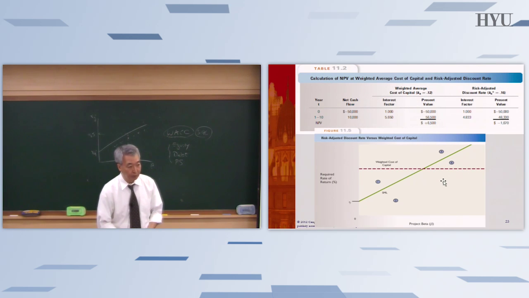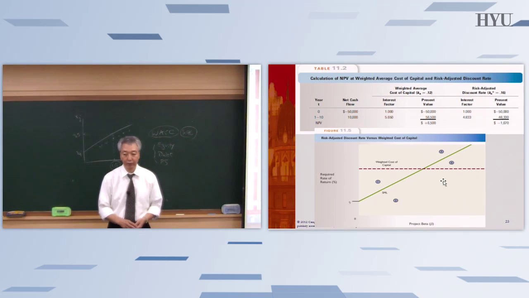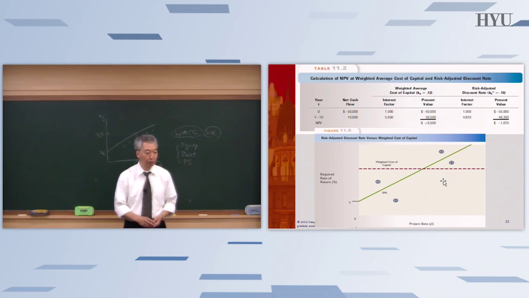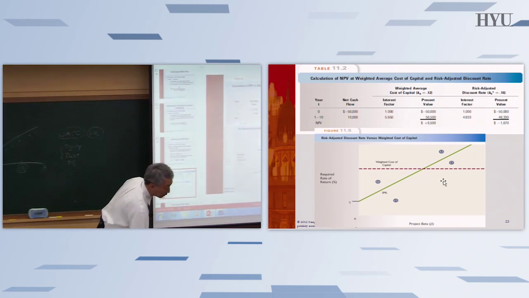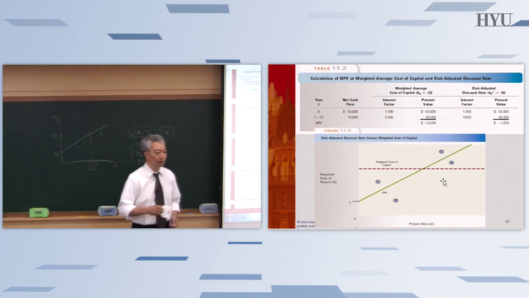So the point is, depending on what criterion you use, you will either accept or reject the projects in a different way. Your decision will be different. Which one should you prefer? WACC approach or RADR approach? Risk-adjusted discount rate approach.